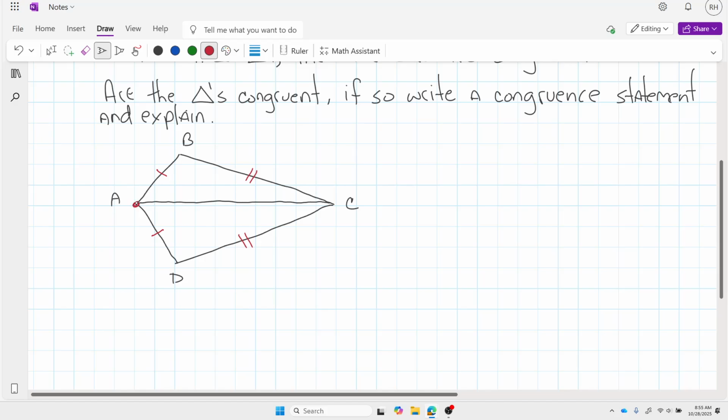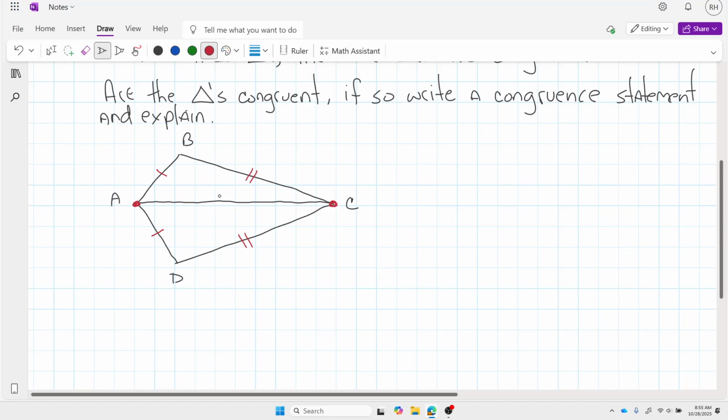But look at side AC. Isn't side AC the third side in both triangles? Couldn't you redraw these triangles and just separate them, and they're both going to have the same third side AC? Everybody see that? Okay.